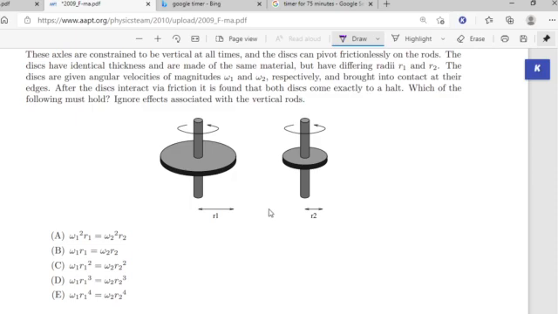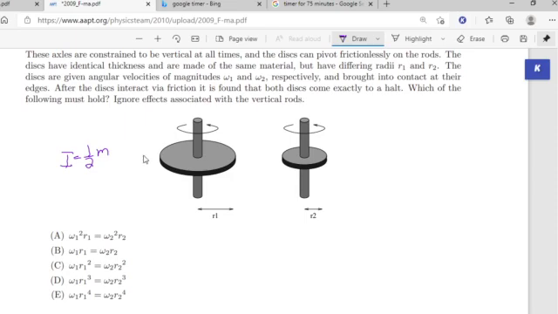So for this system, the total angular momentum would be, well, okay, so moment of inertia is 1/2 m.